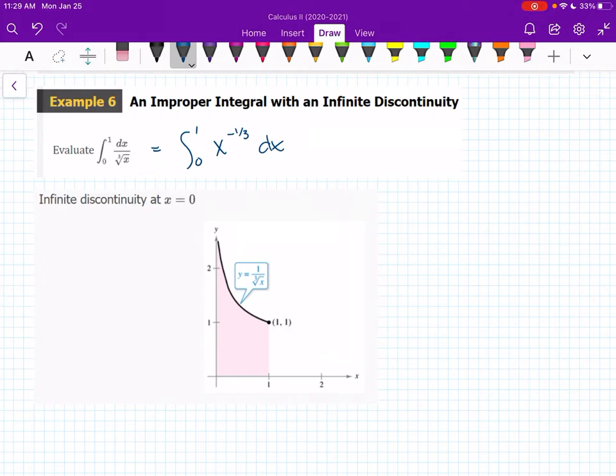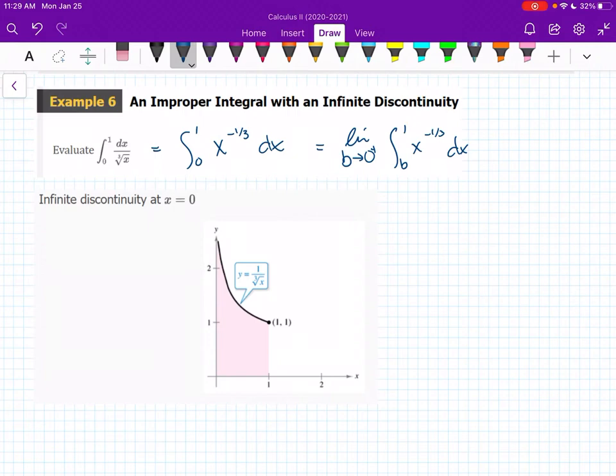So I'm going to replace that, and it doesn't matter what variable you use. I'm going to say b. Since it's the lower limit, I'm going to take the limit as b approaches 0 from the right, of the integral from b to 1 of x to the negative 1/3 dx.